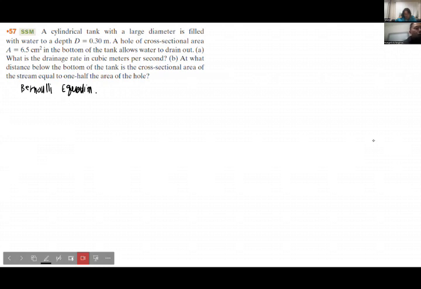if you look at two different spots along the path of the fluid, with different radius and different speed of the liquid, then their pressure plus, so basically this is the same as the conservation of energy law.